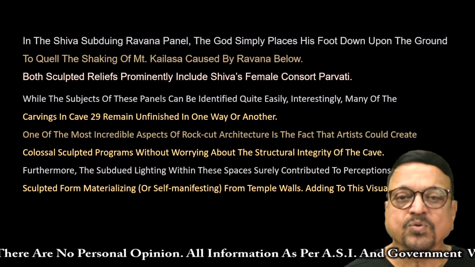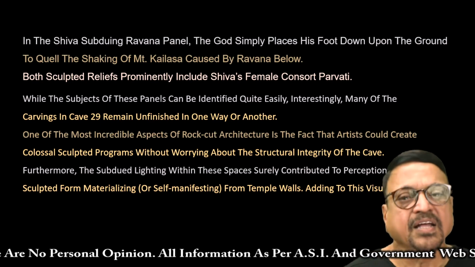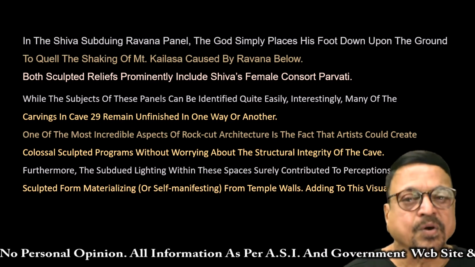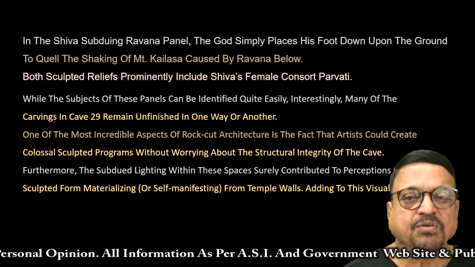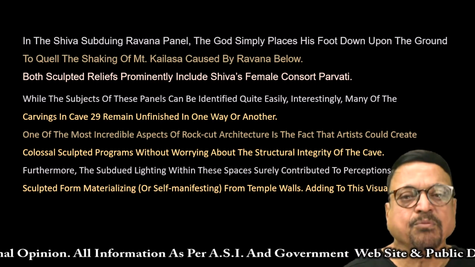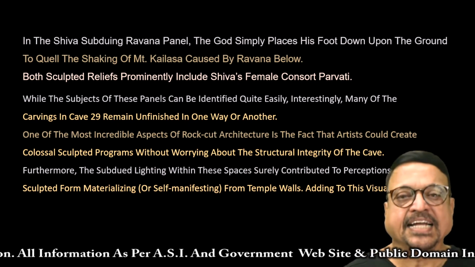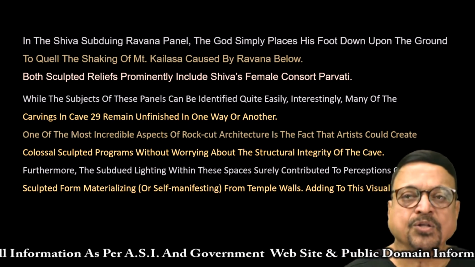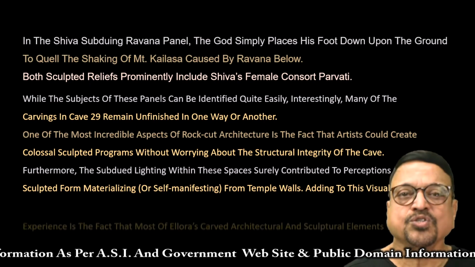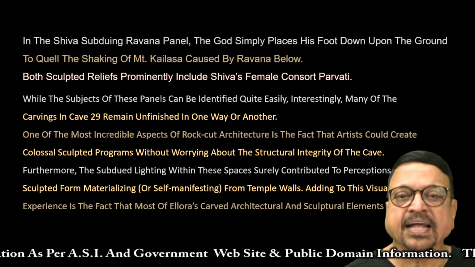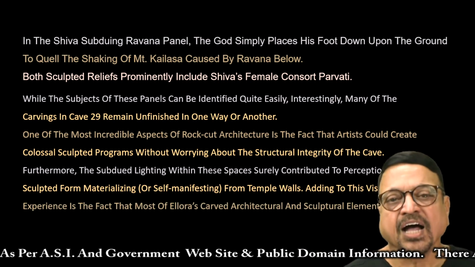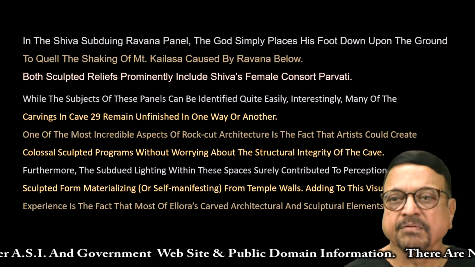So it was difficult to do carving artwork in a place where there is not enough light, because the caves did not have artificial light at that time, so they had to depend on natural light. So that was one of the reasons why some figures are unfinished.